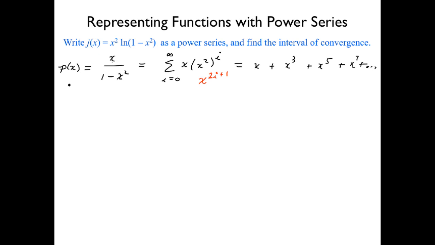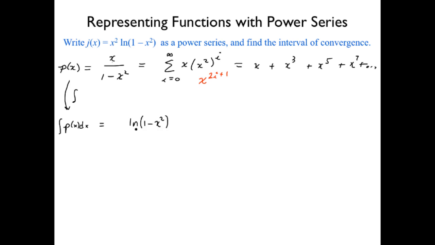We want the antiderivative. So I'll just put a little integral sign to represent antiderivative, and then we're going to do that to everything, right? So the antiderivative of p, natural log 1 minus x squared.